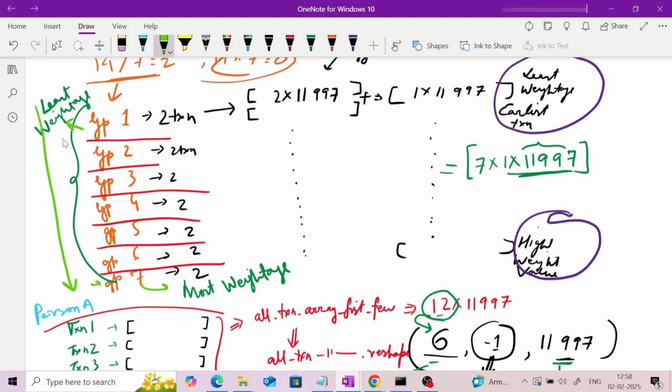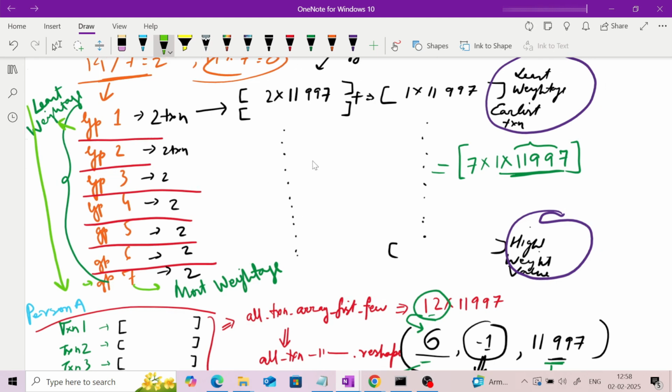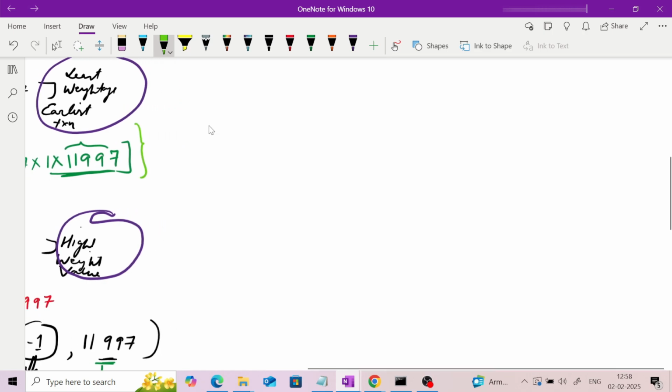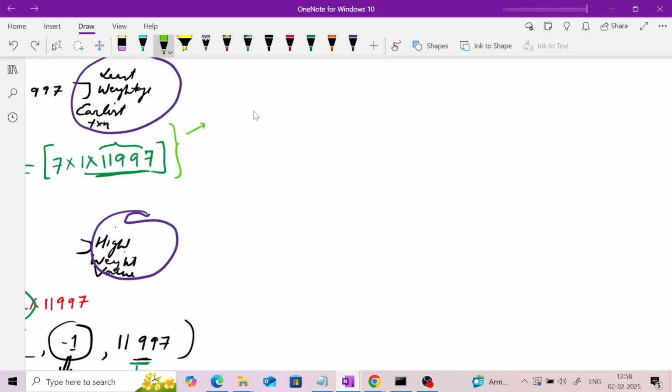So how do we do that? It's pretty simple. I will explain it over here. Currently we have this 7 by 1 by 11,997 numpy array. Now what we will do is create a vector again. Let me do it in a fresh way over here.